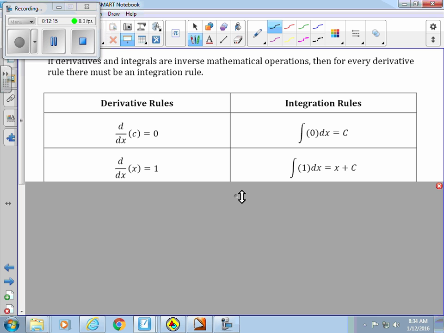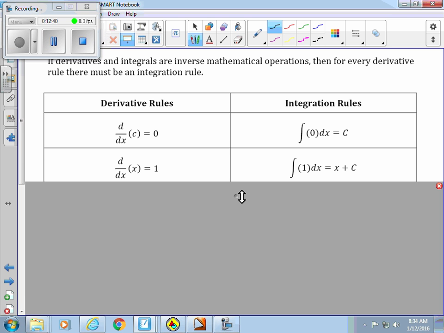Okay, x squared. What do you think the antiderivative of x squared would be? One-third x cubed. Why? Is he right? Do the derivative of it. Write it down.